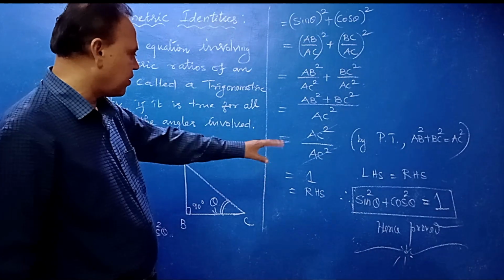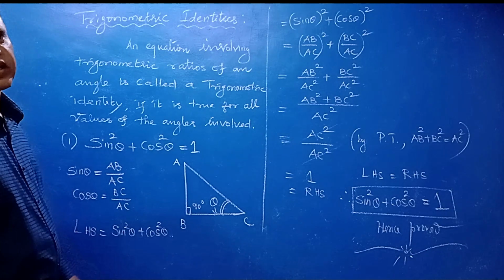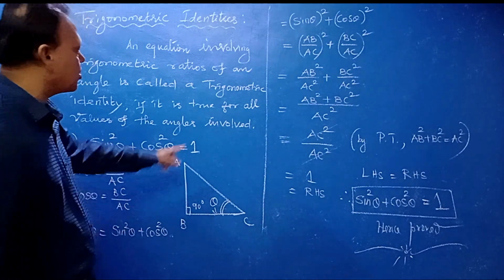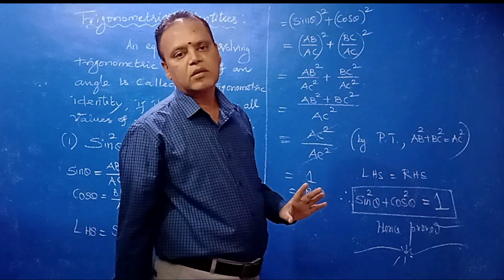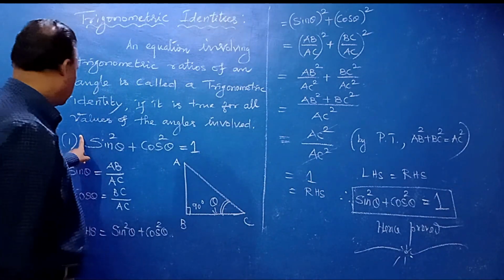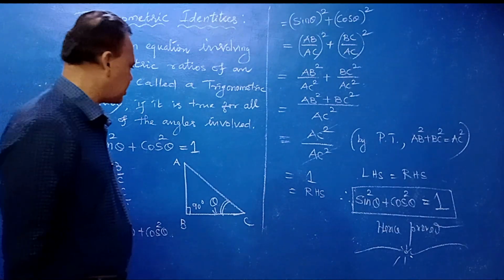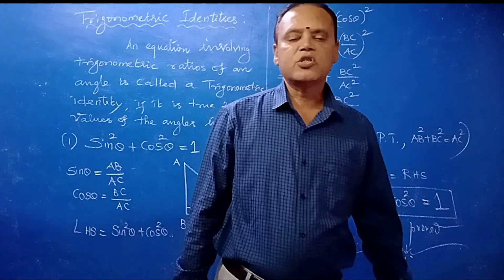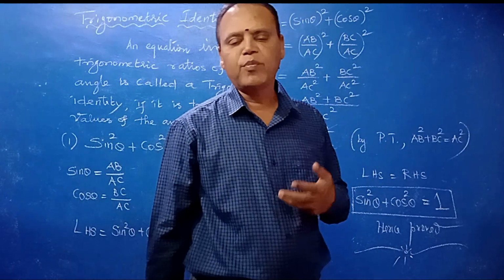So like this we can bring the identities. By using sin theta and cos theta, you square and add, and correctly we get 1. So that is called the first identity, sin square theta plus cos square theta equal to 1. Like this you have totally 9 identities. One by one we will see.